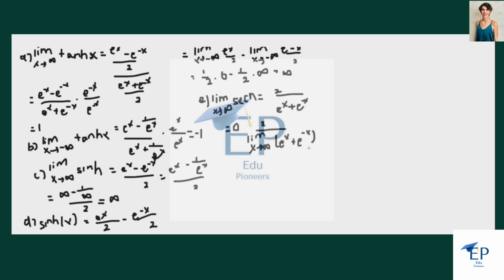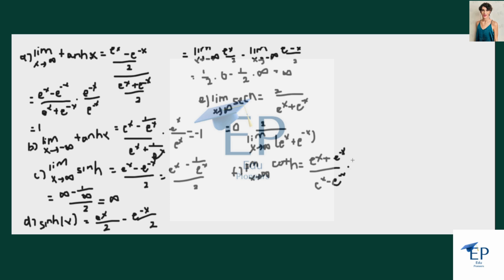For part F, the limit as x approaches infinity for the hyperbolic function of cotangent is equal to e to the x plus e to the negative x all over e to the x minus e to the negative x.